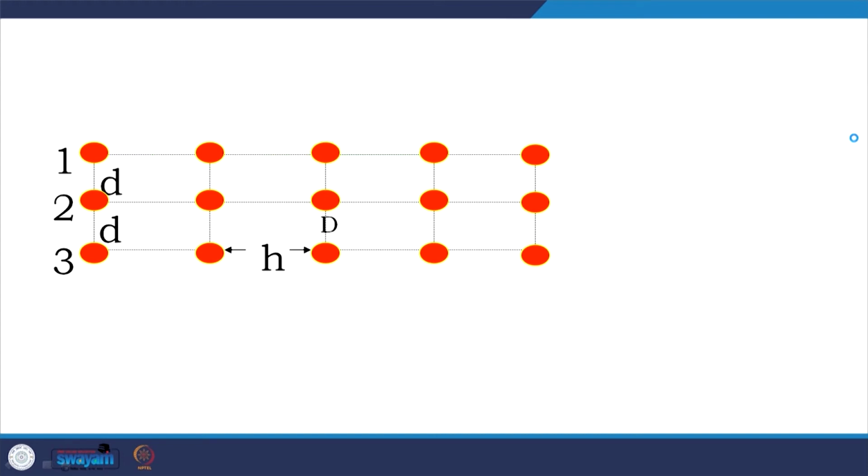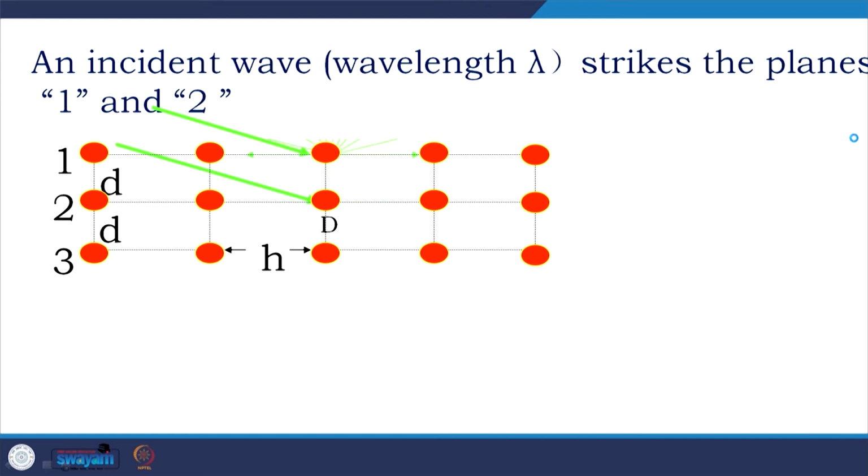If you see, they come and they are reflected. So, the angle is theta and the path distances are AB and AC.